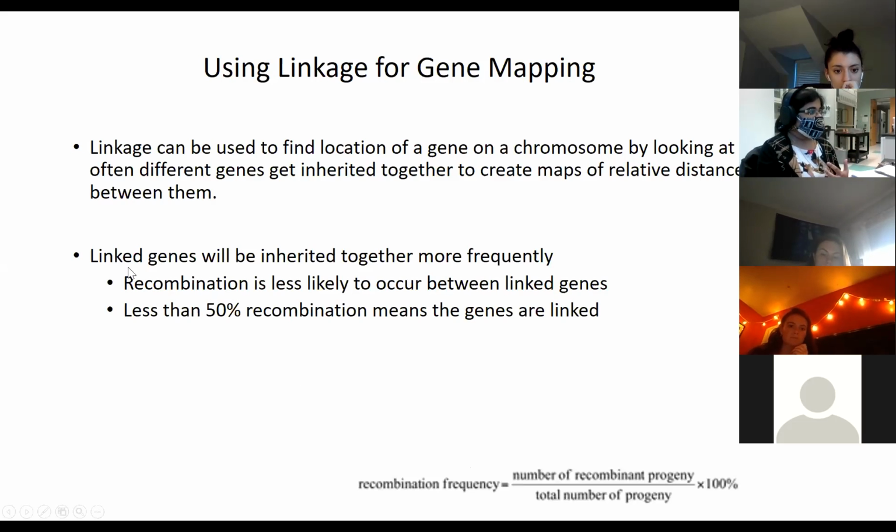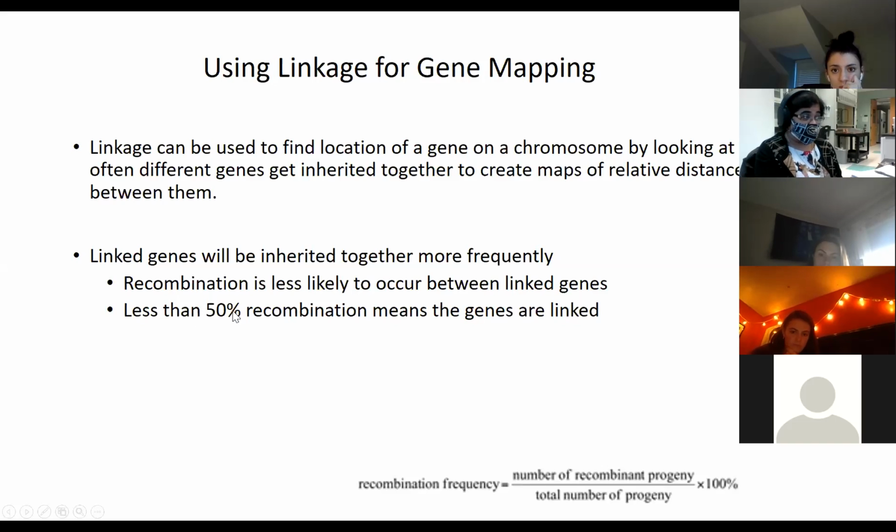Linked genes will be inherited together more frequently. So when they are linked, recombination is less likely to occur between them. If there is less than 50% recombination, that means the genes are linked.